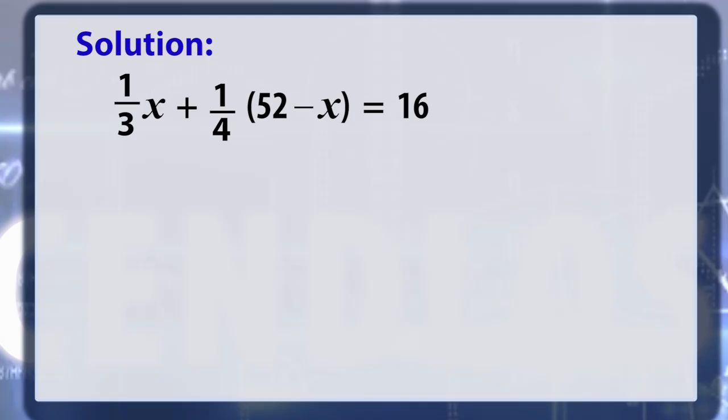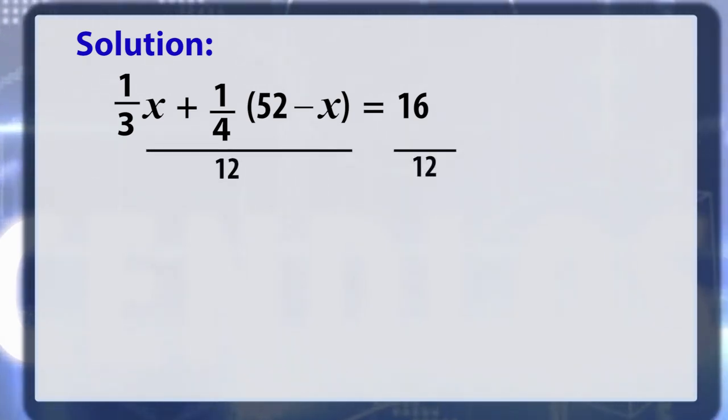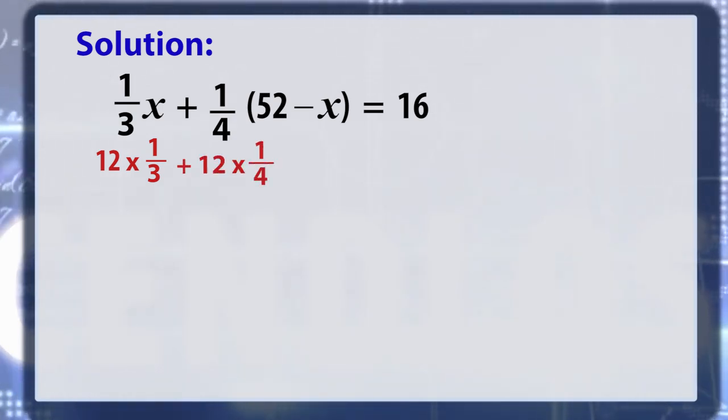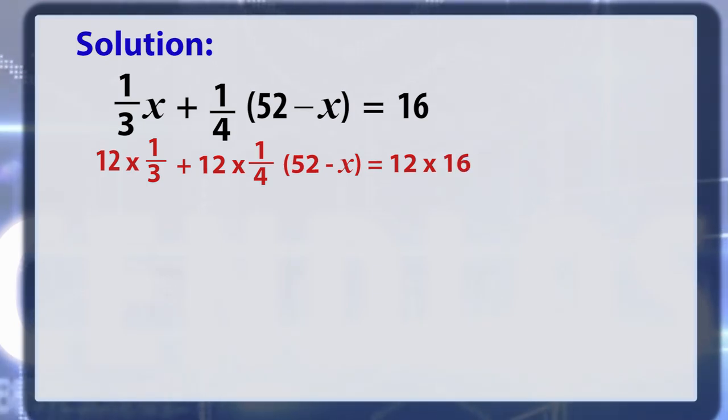Now, we have to multiply both sides of the equation by the LCM, which is 12. And so we have 12 times 1 over 3x, that will give us 4x, plus 12 times 1 over 4, and that will give us 3, and then in bracket, we have 52 minus x. That should be equal to 12 times 16, which is equal to 192. Now, let us expand and remove the bracket.